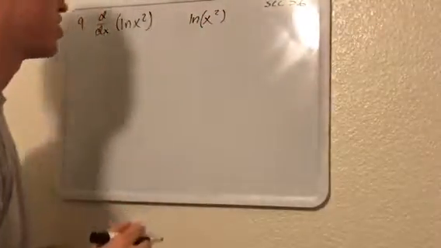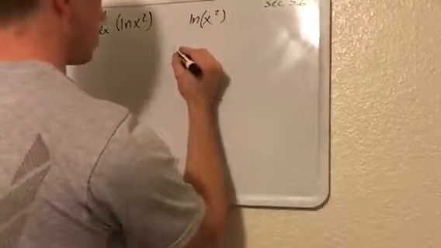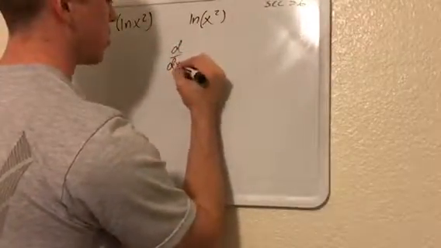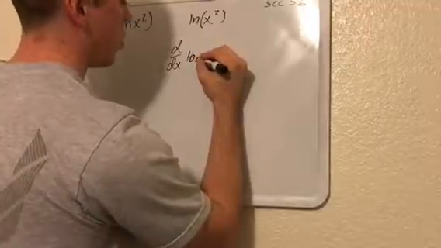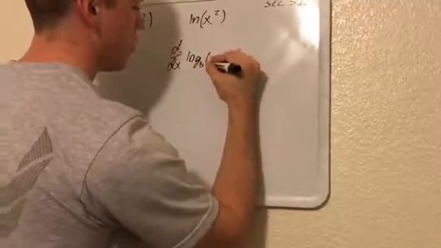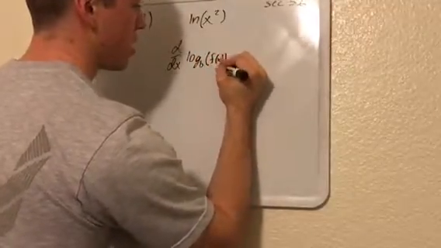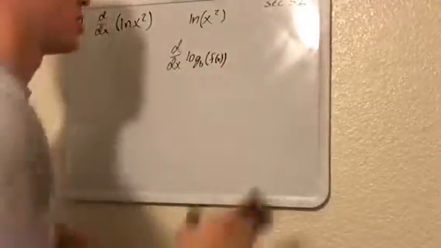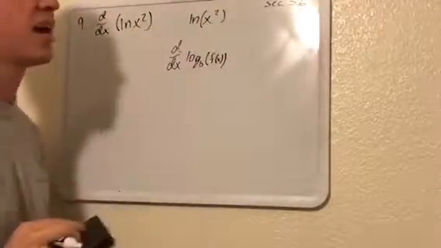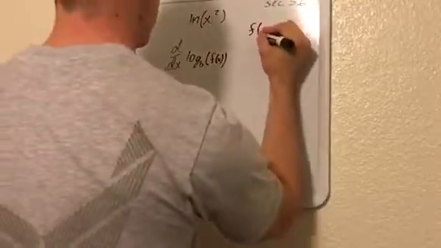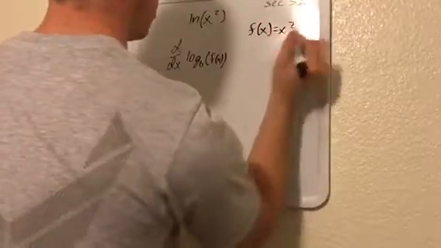So you're going to have to do the chain rule, which would give you something that looks more like this. The derivative with respect to x of a logarithm with base b of f of x, and by f of x, I just mean some sort of function. In this case, we're going to let it represent x squared. So f of x will be equal to x squared, right?